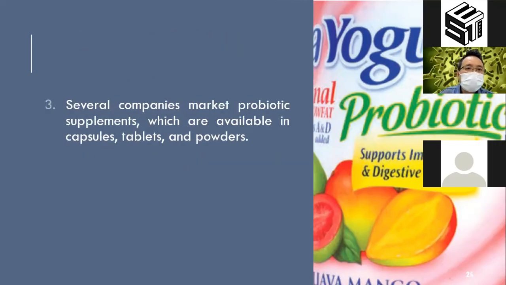Now, several companies market probiotic supplements. This is very common, and you can find them in capsules, tablets, and powder. But to be effective, probiotics usually need to contain 1 to 10 billion colony forming units per dose.